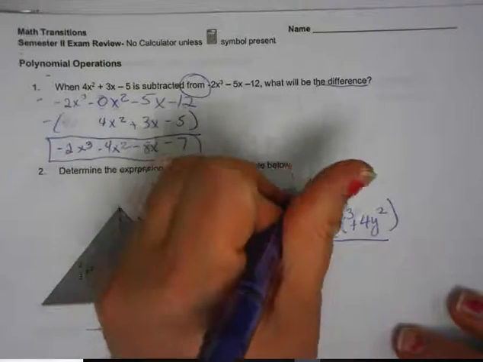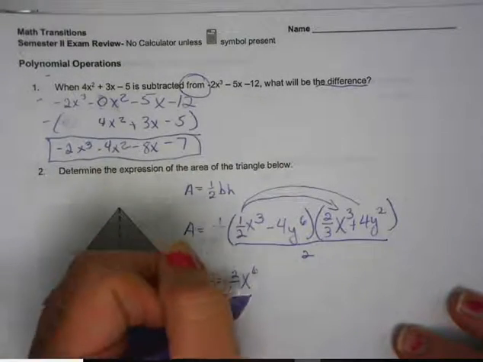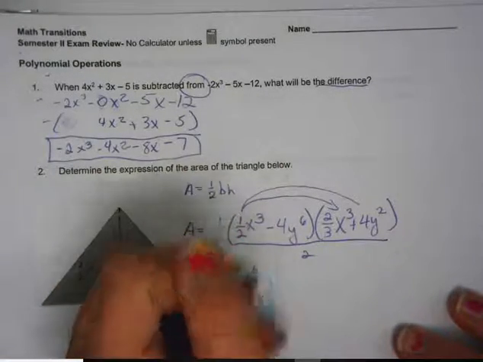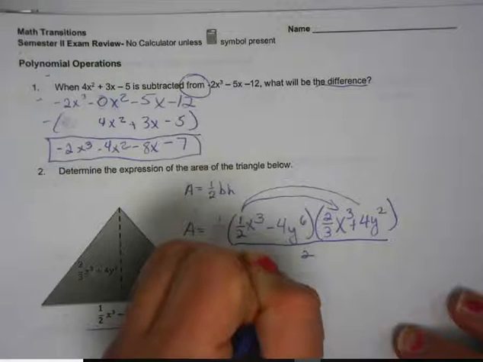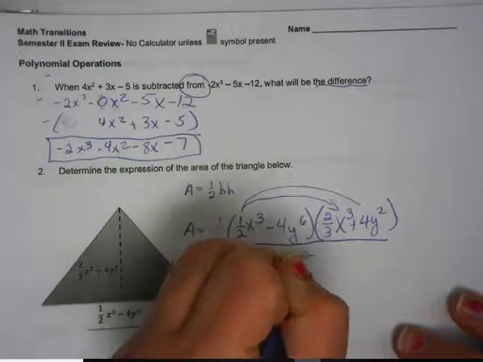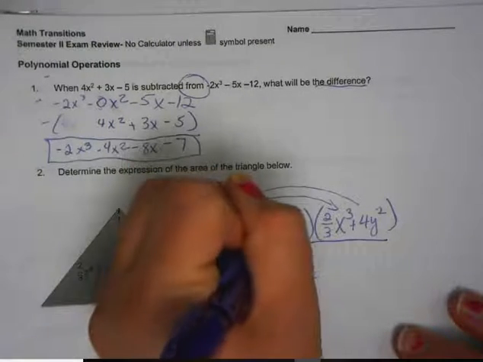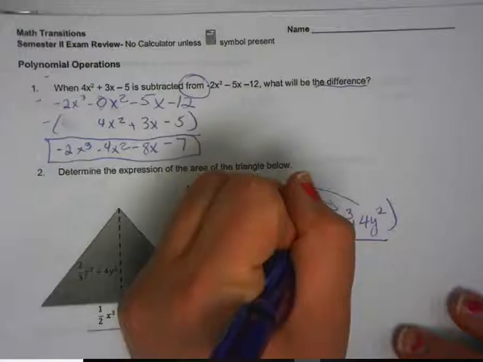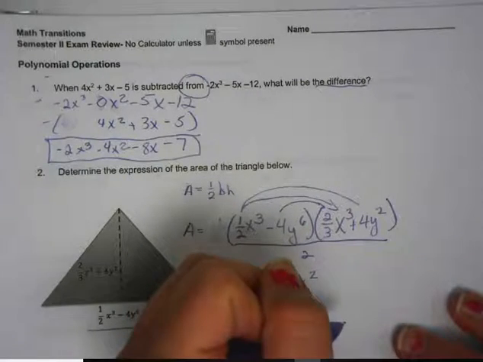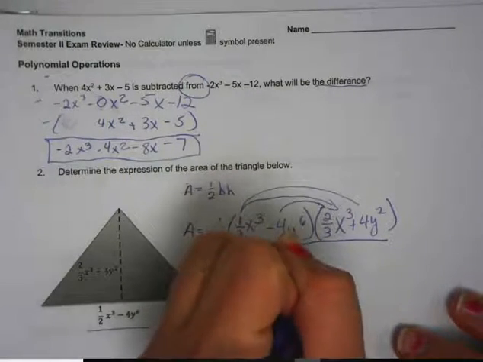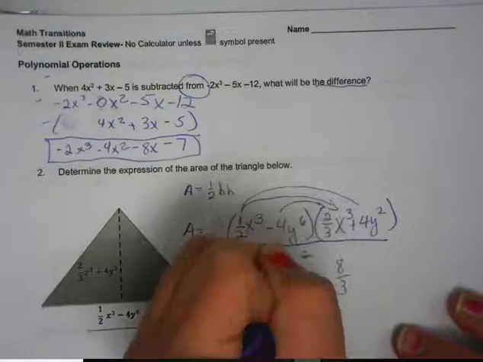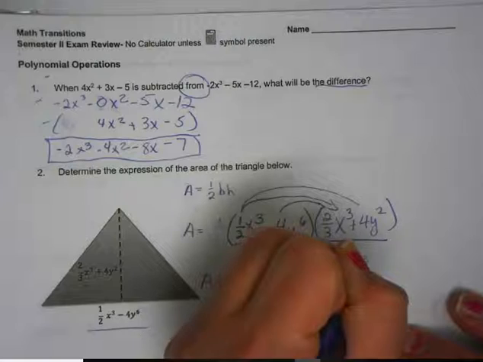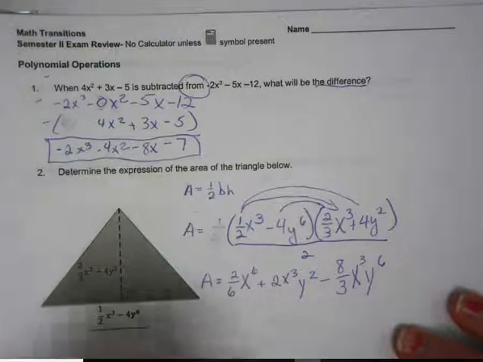And then I'm going to have 1/2 x cubed times 4y squared, so that's going to give me plus 2x cubed y squared. And then we have negative 4y to the 6th times 2/3 x cubed. So that's going to give me minus 8/3 x cubed y to the 6th.